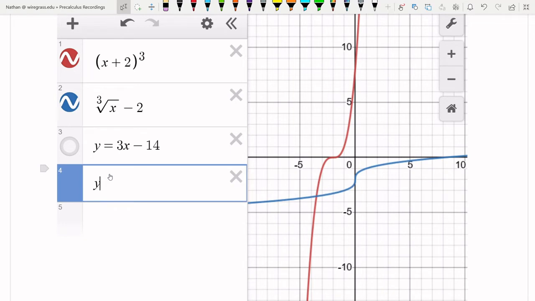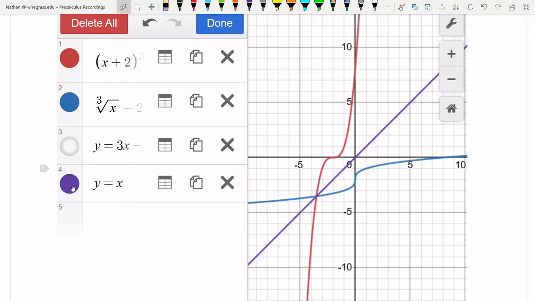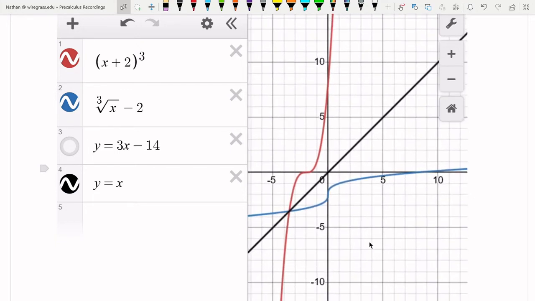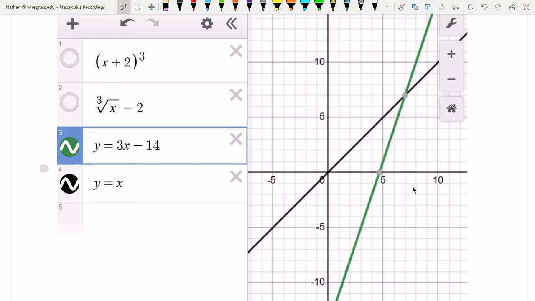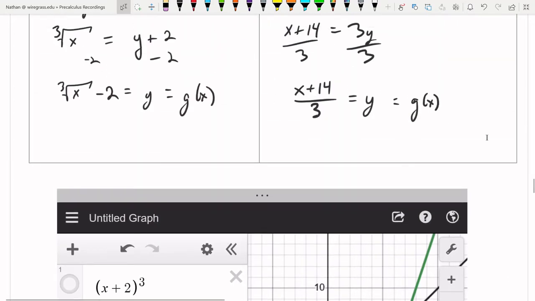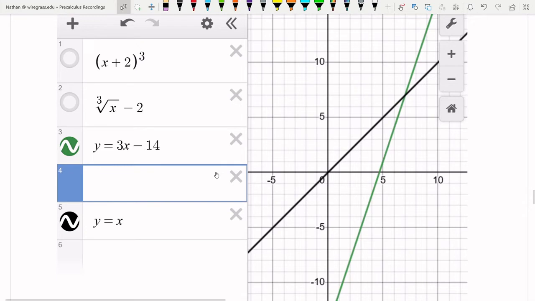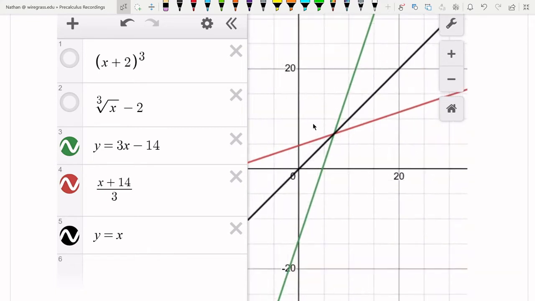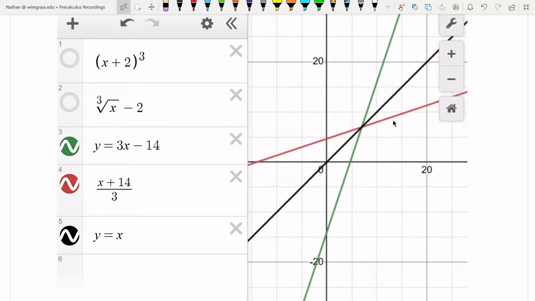And I should draw the y equals x line here, make it black. And you can see it is in fact a reflection over this line. So I did find the correct inverse function. Now for the next one, we had y equals 3x minus 14, and we found (x plus 14) over 3 as the inverse. So here are the two lines, and you can see they are reflecting images across the y equals x line.